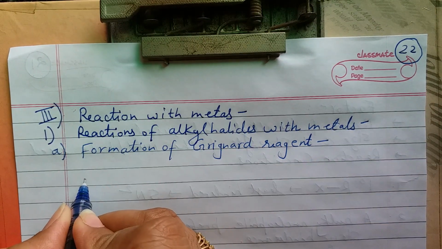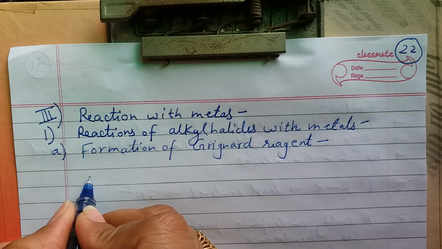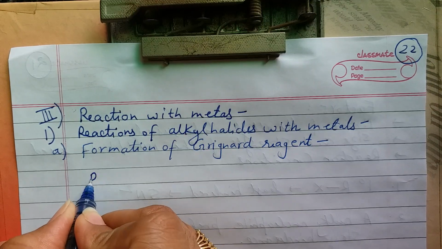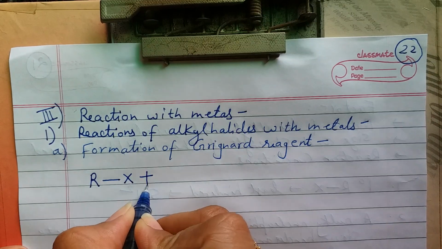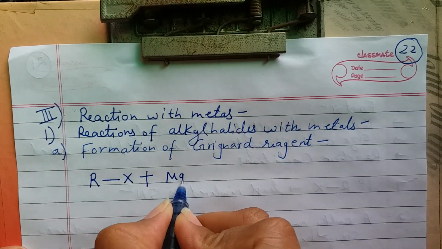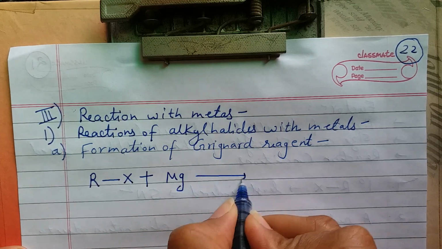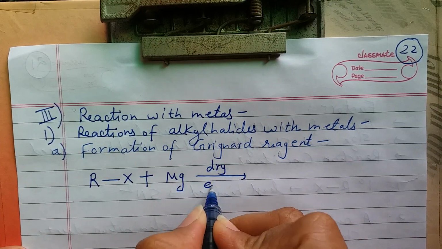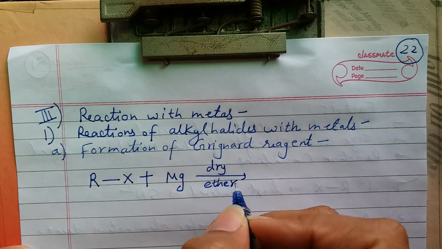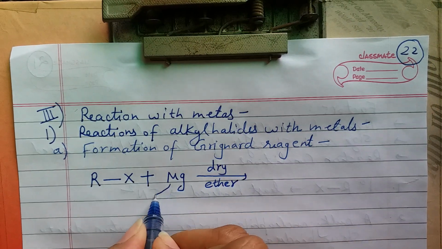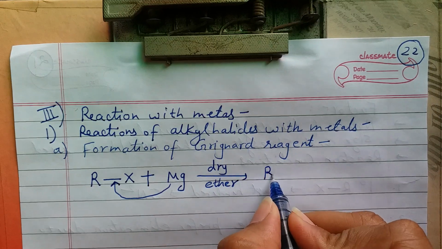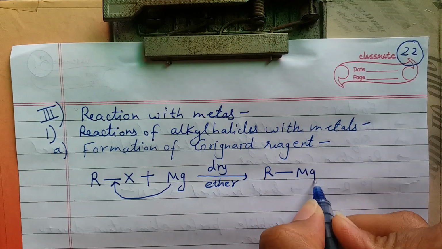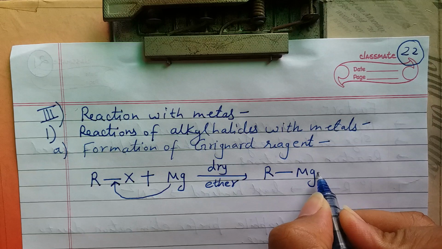Alkyl halides, let's take the general form first of all. Alkyl halides, when they react with magnesium metal in the presence of dry ether, magnesium enters in here to form a compound that is RMgX.